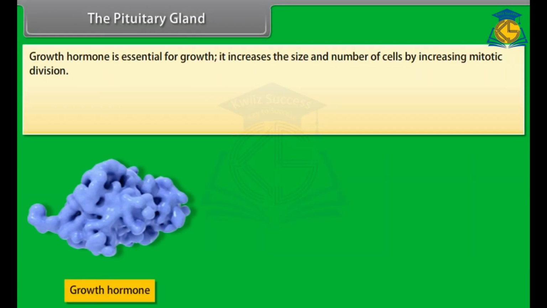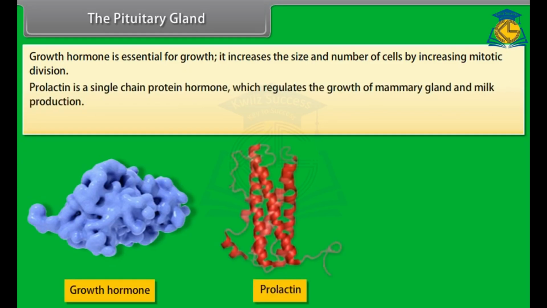Growth hormone is essential for growth. It increases the size and number of cells by increasing mitotic division. Prolactin is a single-chain protein hormone which regulates the growth of mammary glands and milk production.